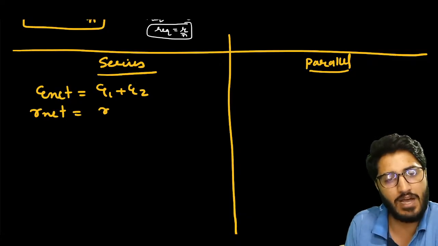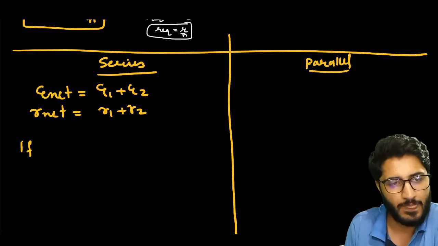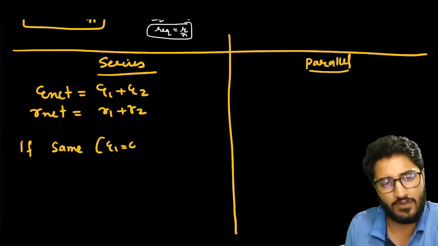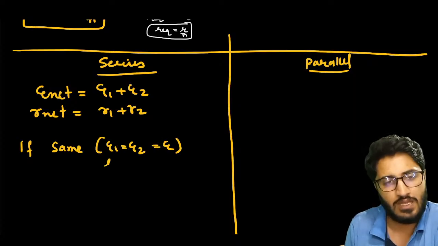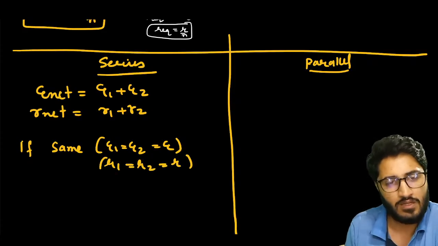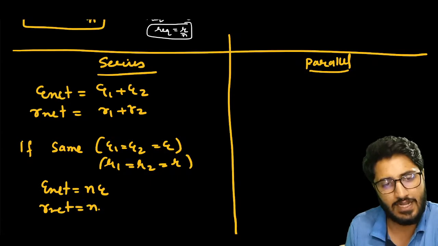R net is R1 plus R2. If same, that is E1 equals E2 equals E, and R1 equals R2 equals R, then my E net is equal to N times E, and my R net equals N times R.